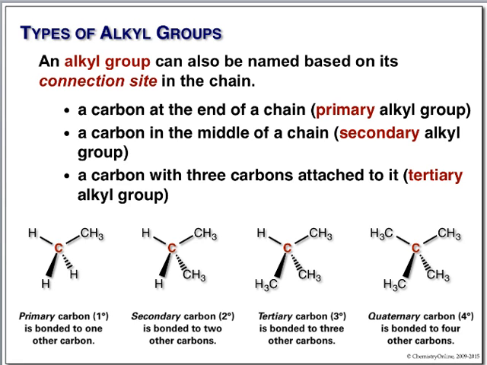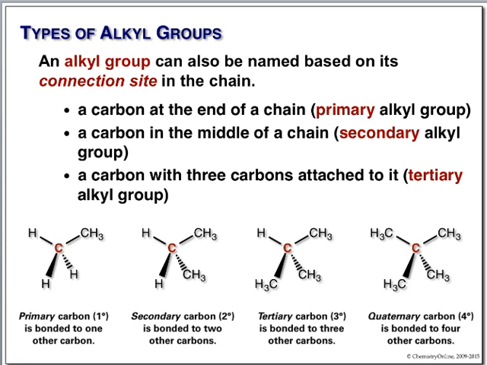We look at a carbon that we want to identify, and then we say how many other carbons is it attached to. If it's attached to one, that's a primary carbon. If it's attached to two other carbons, secondary, three carbons, tertiary, four carbons over here, this would be a quaternary. Fairly simple.